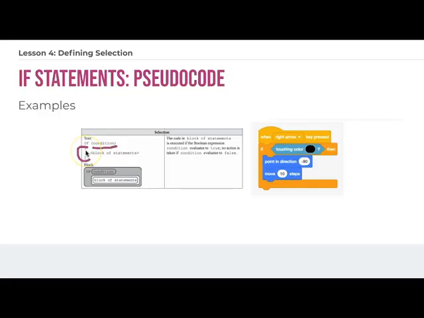That's the implied then. So we don't see the word, but if the condition, then you will do whatever is inside those curly braces. All right, and that's pretty common in text-based pseudocode. And then you can see how the actual visual representation of this, they have the rounded rectangle if, and then they have the oval condition, and then the block of statements is clearly inside that loop.